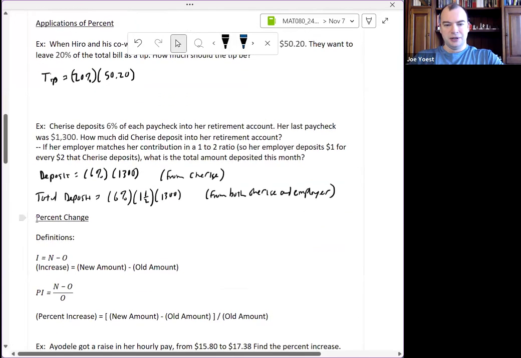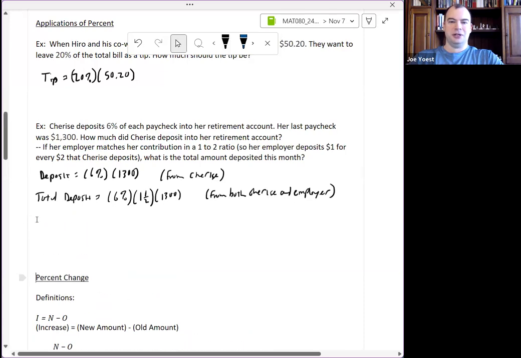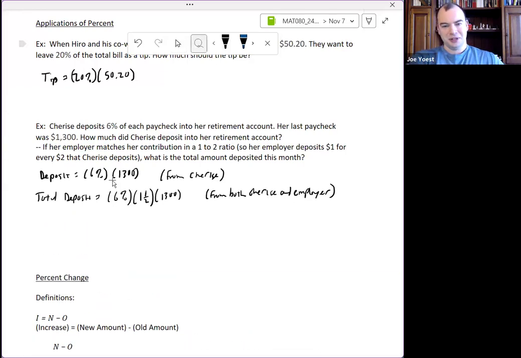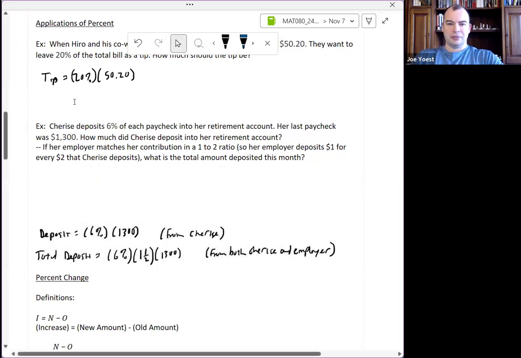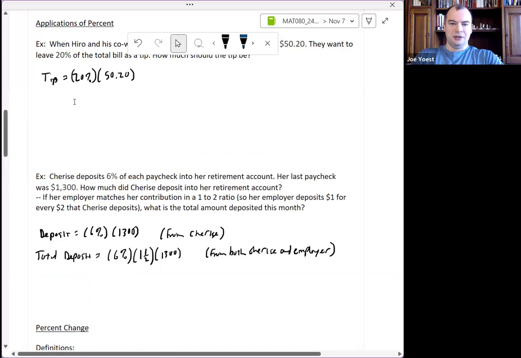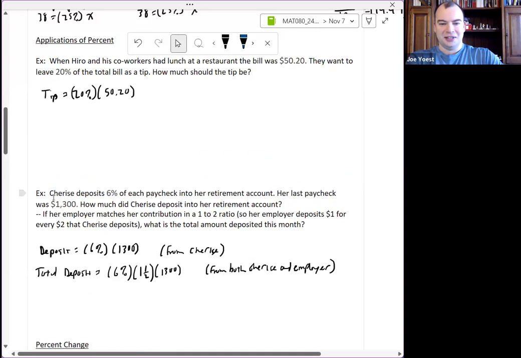I was trying to find a good way to do this and I really couldn't. So let me just move my text and my next questions down a little bit. So when I hit enter, the typed text moves, but the written text doesn't.